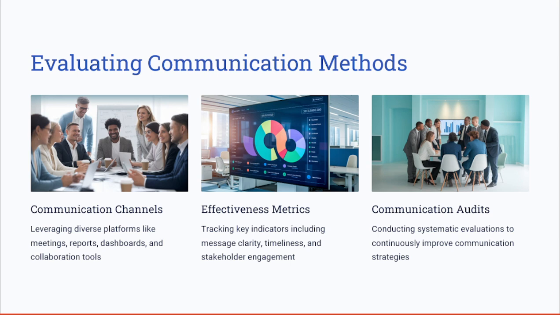Also, the timeliness: was the information delivered at the time that it was supposed to be delivered? Also, the engagement level: you can ask yourself, are the stakeholders responding and acting on the information that you as a project manager are sharing with them? You may also conduct communication audits by regularly evaluating whether the communication strategies are working.